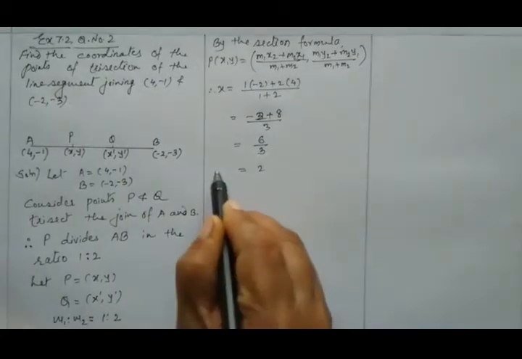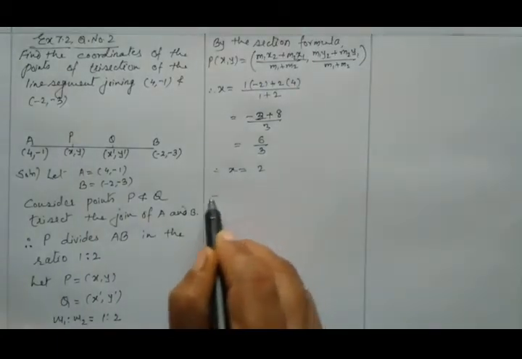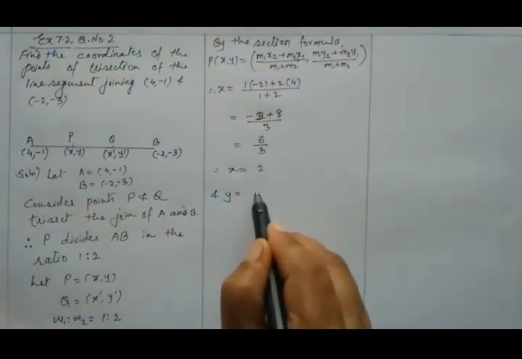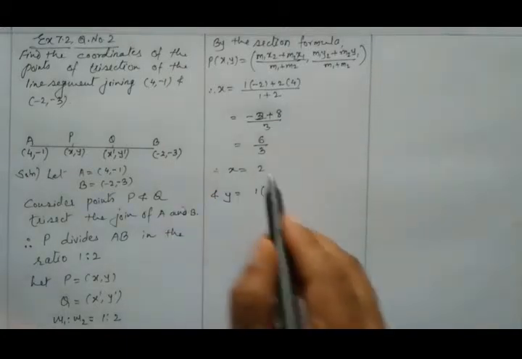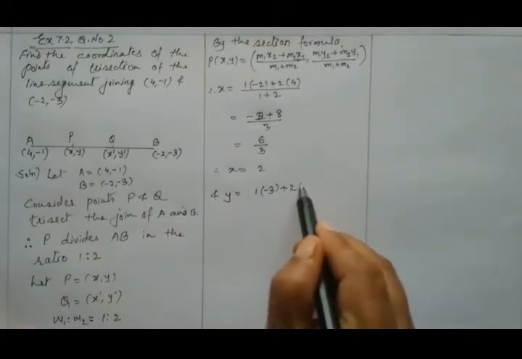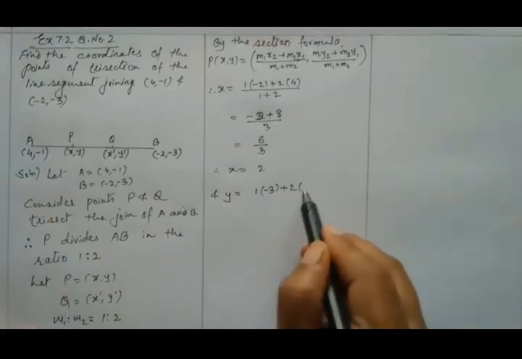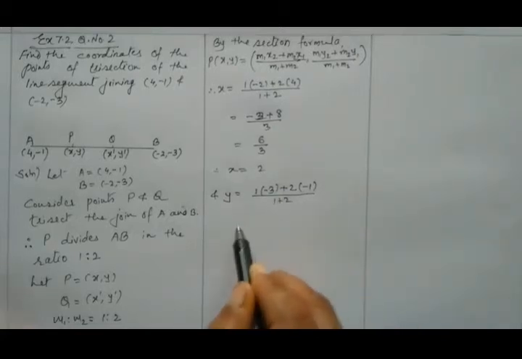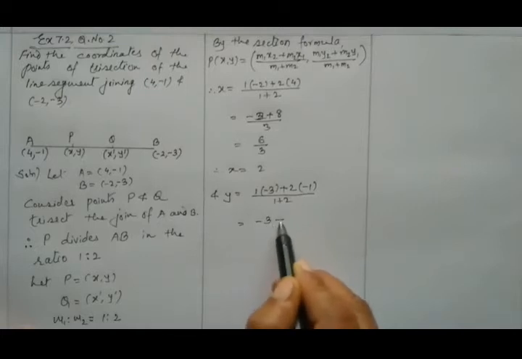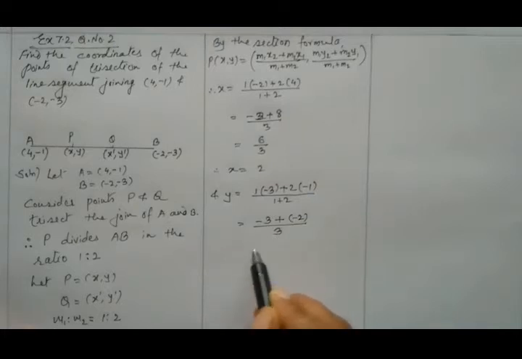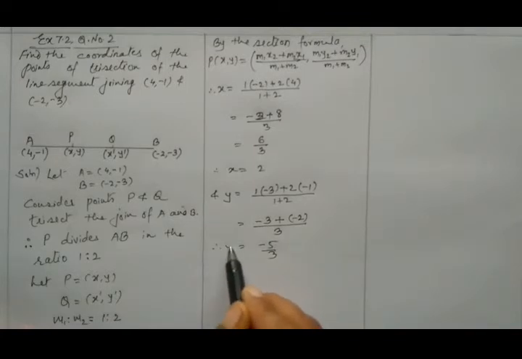that is 6 upon 3, and that is 2. So you got here the x coordinate, and y is equal to m1 y2, m1 is 1, y2 is -3 plus m2 is 2 and y1 is -1 whole upon 1 plus 2, so -3 plus 2 into -1 upon 3, so -3 minus 2, -5/3, we got here y.